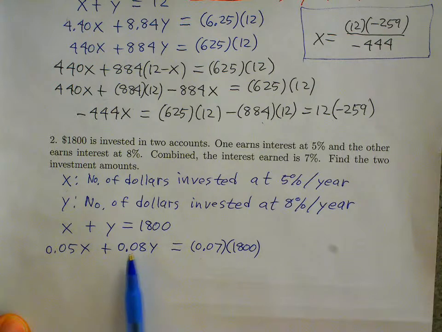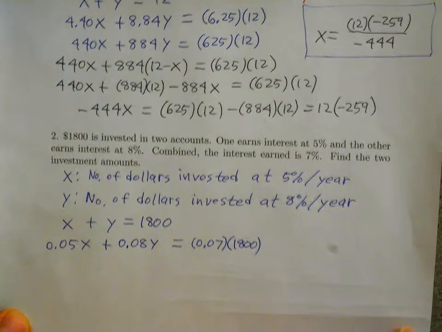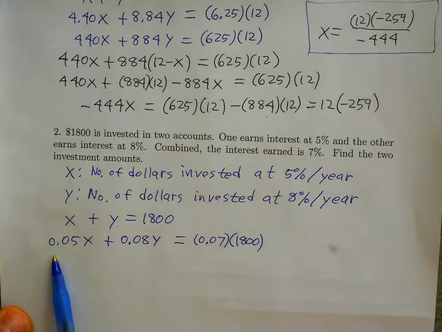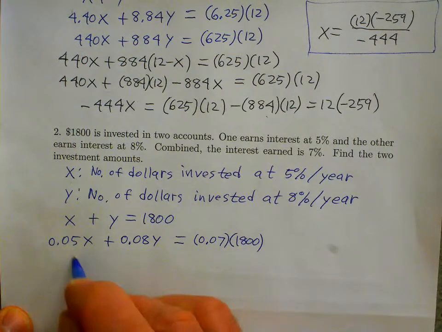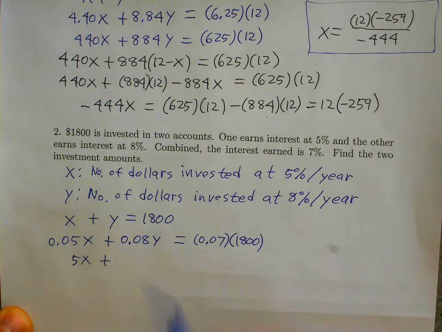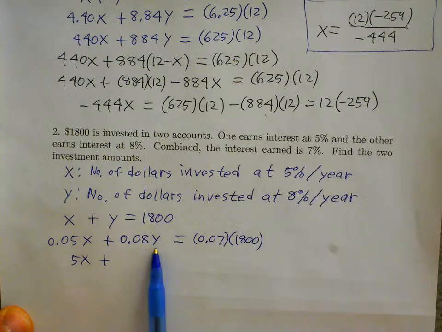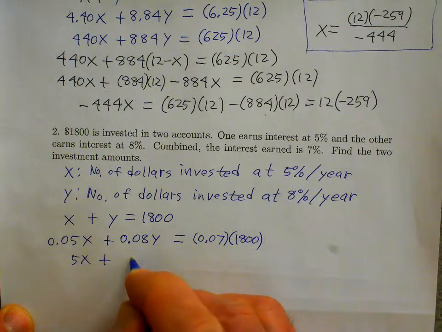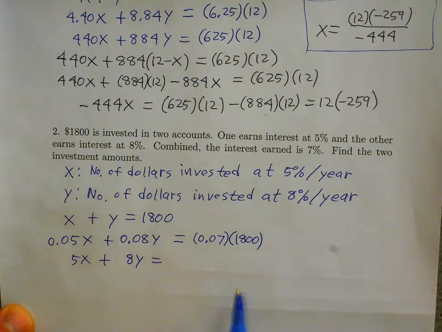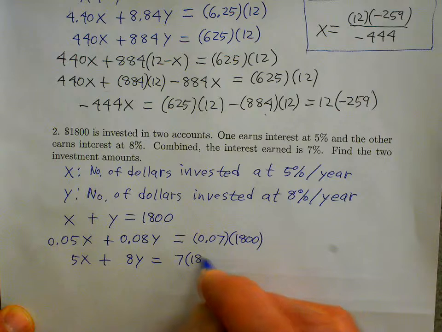I'm going to get rid of the decimals again, which is equivalent to multiplying every term on both sides by 100. So 0.05x times 100 is 5x, 0.08y times 100 is 8y, and 100 times 0.07 times 1800 is 7 times 1800.